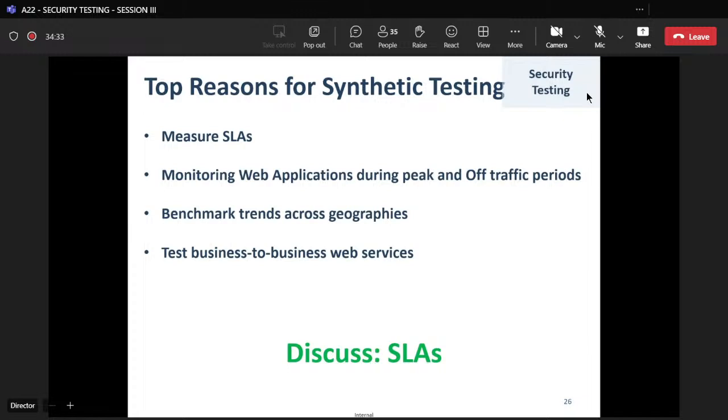And also test business web services if more integrated services have been provided to them. And SLAs are very important. The key information will be documented, and it will be a transparent document between the service provider and the client who is getting the service, because they'll be defining the service level objectives.